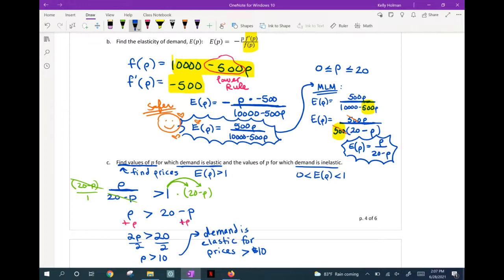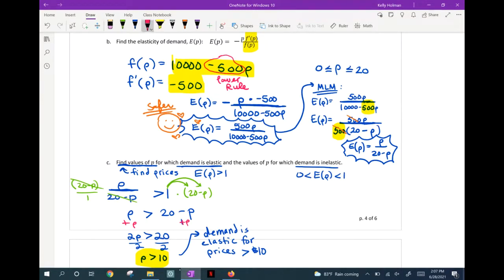Okay, and if I box that on a test or a quiz and I get it wrong, or I type this into my math lab and I get it wrong, it's half right. There's something missing. Does anyone know why this is partially incorrect? What does P greater than 10 mean?